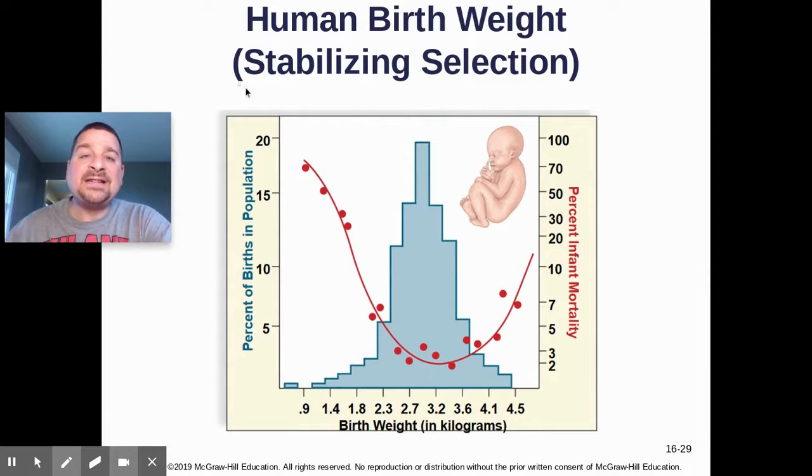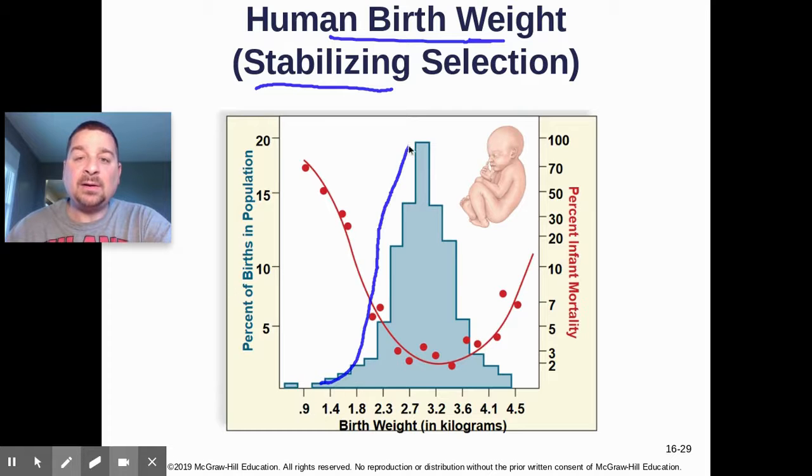An example of stabilizing selection that I often use in most of my biology classes is human birth weight. If you look at the average birth weight of babies born across the world, you'll see that there's this bell curve, and it's this very narrow curve.